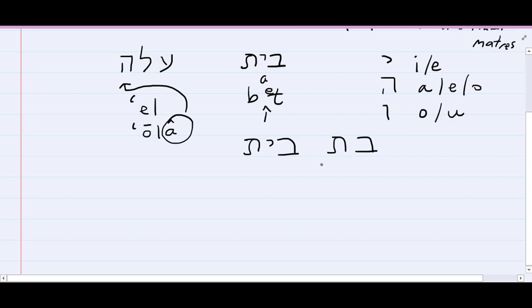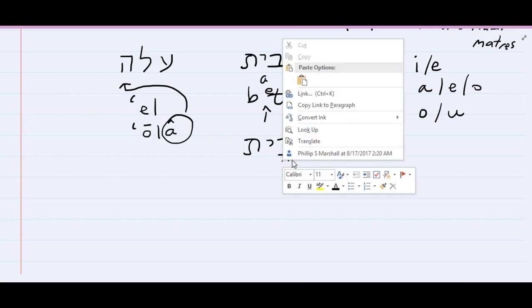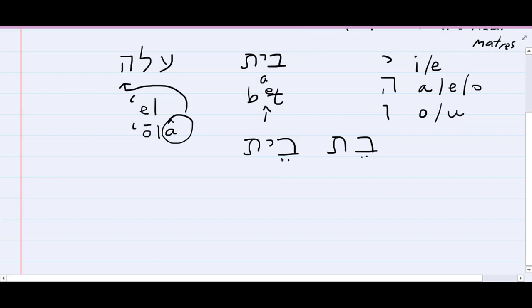Whatever the case, the Masoretes came along, and even though they knew this word was beit and they knew this word was beit, they added the two dots known as sere to it. They knew that this yod represented the E vowel, the sound A, to create the sound A, beit, they did not remove this yod.